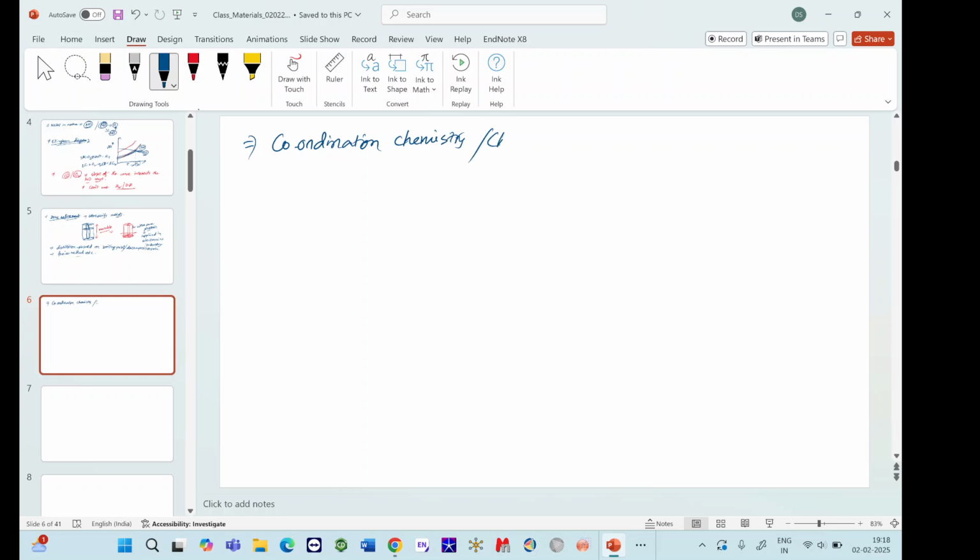Coordination chemistry, or chemistry of transition metals. The coordination chemistry is very important. Why?